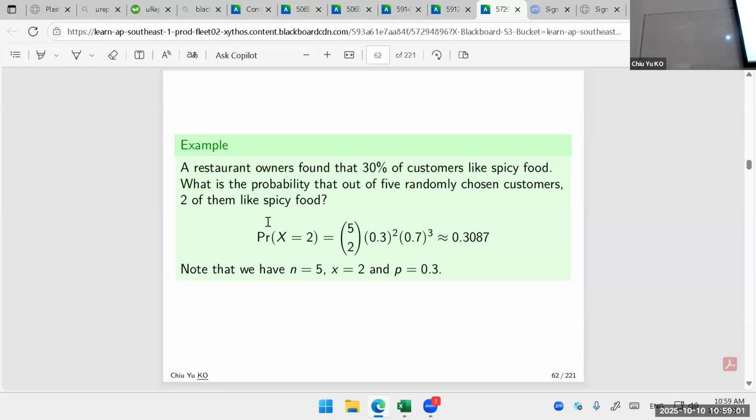And ask 5 new customers, 2 of them like spicy food. Then you can do this calculation, but I want to show you that you can use the formula to give the number directly. Let me show you.